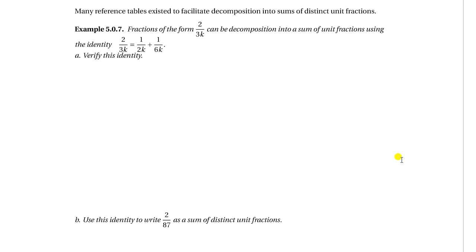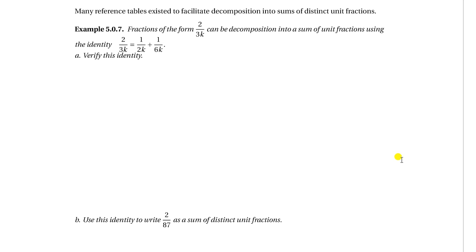One of the famous forms is the 2 over 3k style fraction. Then we can decompose this one into the sum of these two unit fractions. They already have it, right?